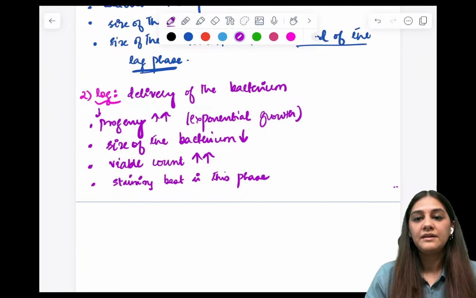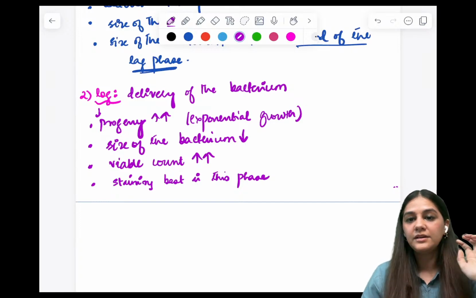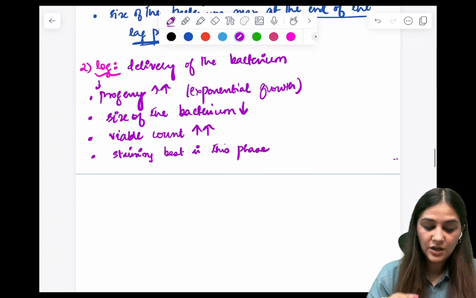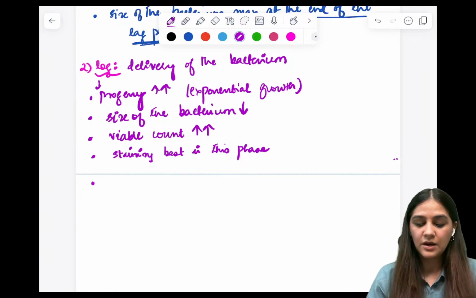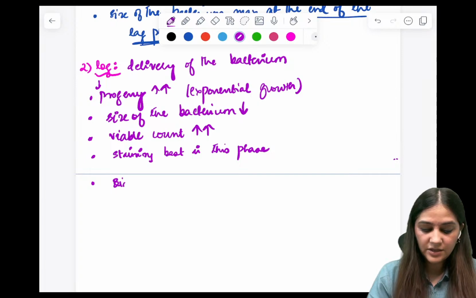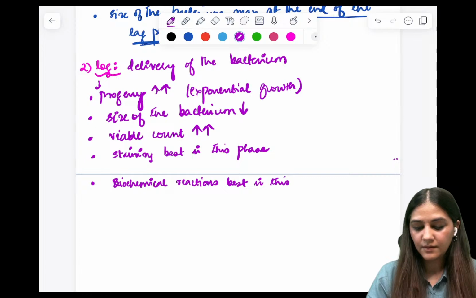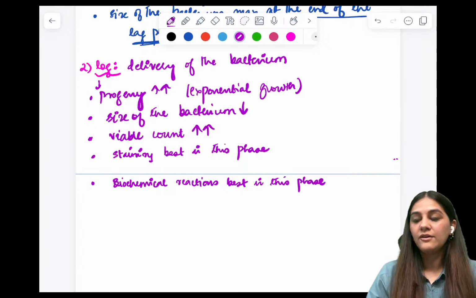Another thing, whenever we are trying to do a lot of biochemical reactions, or we are trying to see which organism produces what kind of biochemical reactions, exactly here in this phase, because there is so much viable count, biochemical reactions are also best in this phase.